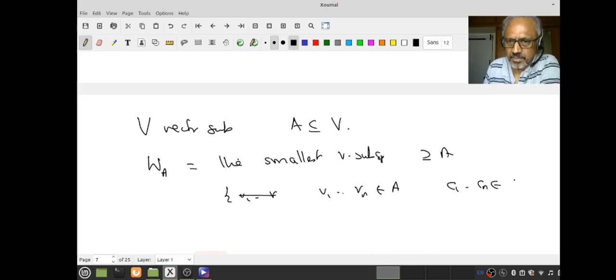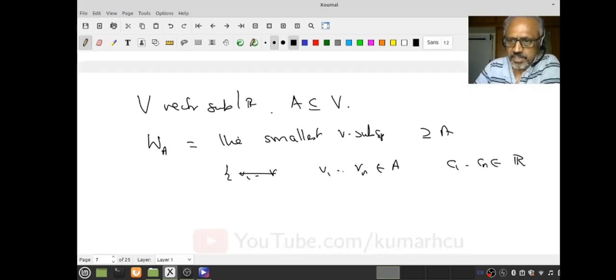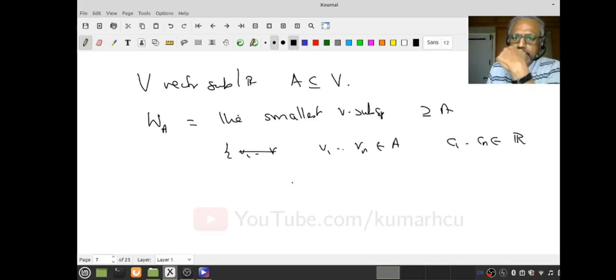Let me assume it's a vector space over R, though over any field it's the same thing. Then since v1, v2, vn belong to A and A is contained in W_A, then v1, v2, vn are in W_A, and since this is a vector subspace, c1 v1 plus cn vn must also be an element of W_A.